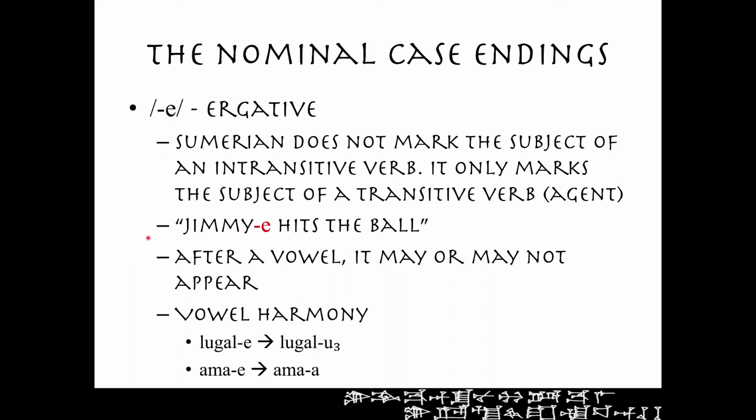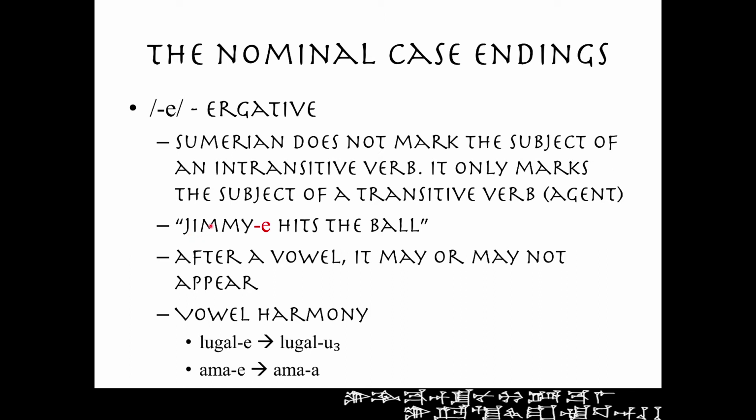So let's put this into easier terms. So Jimmy hits the ball. Well, is this transitive or intransitive? Right, it is transitive. So Jimmy hits the object, which is the ball. Well, in Sumerian, what they would do is they would say Jimmy-e. And that would tell you that Jimmy is the agent. He's the subject of a transitive verb.